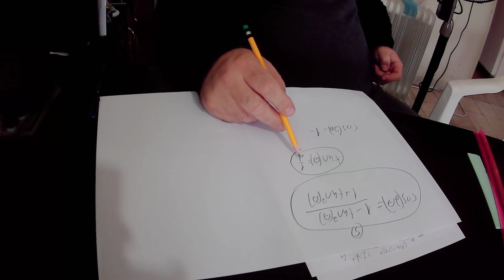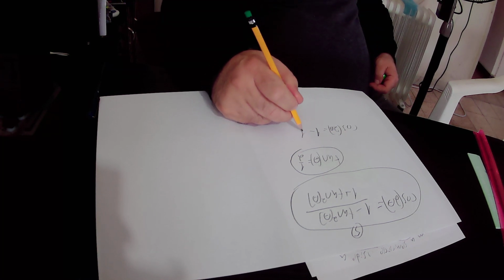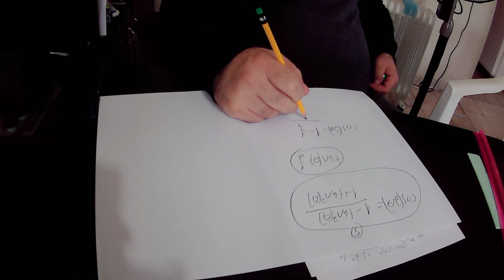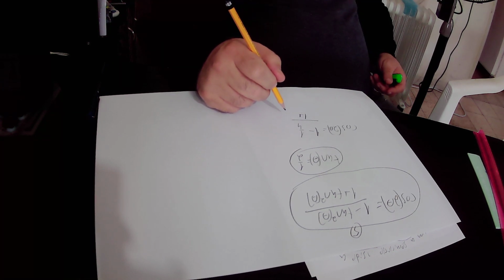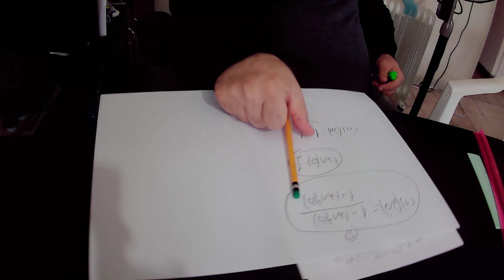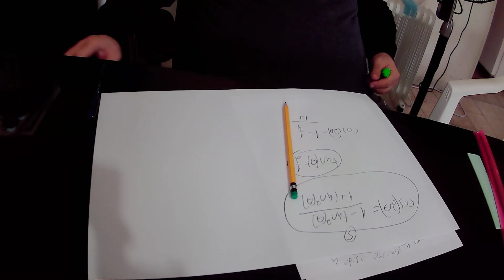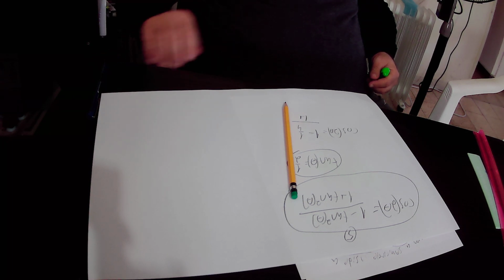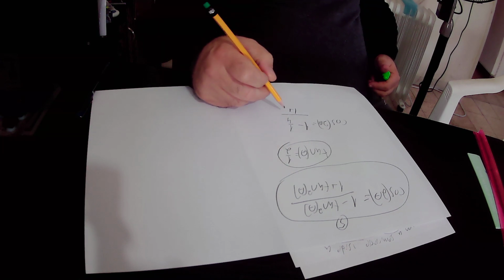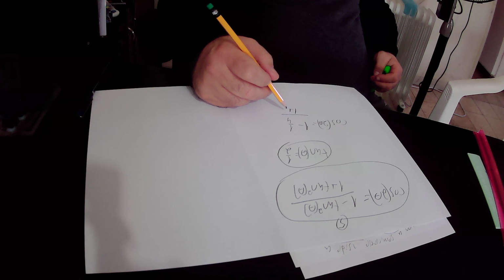So tangent squared theta will be equal to 1/2 squared, that is 1/4, over 1 plus tangent squared theta. Again, tangent theta equals 1/2, so tangent squared theta is 1/4.